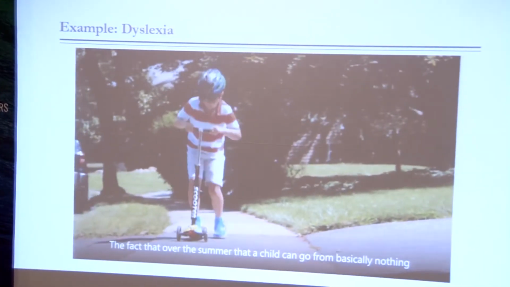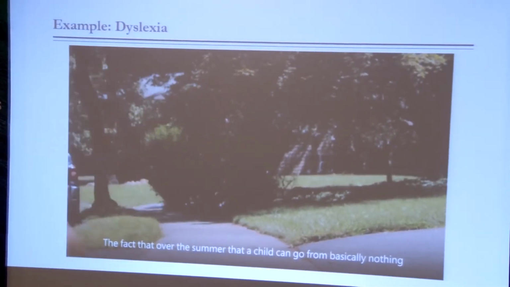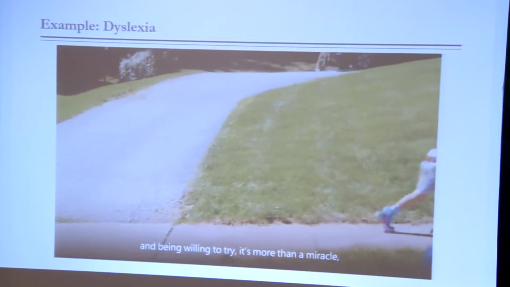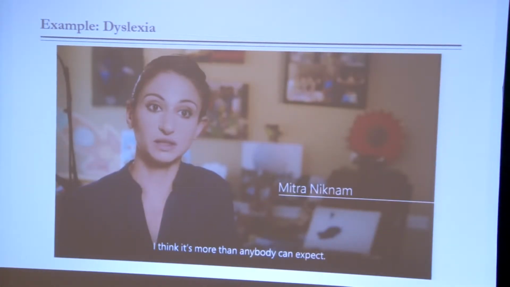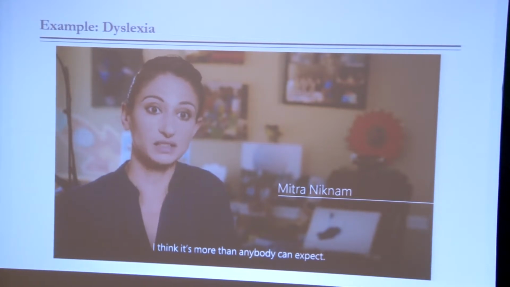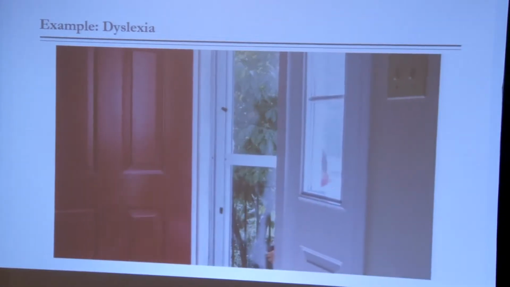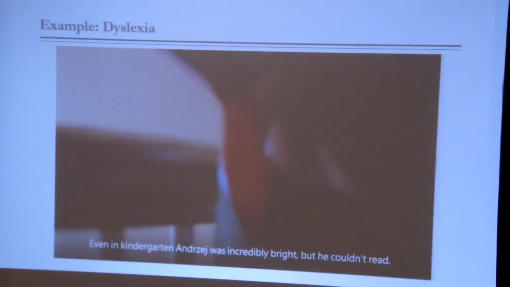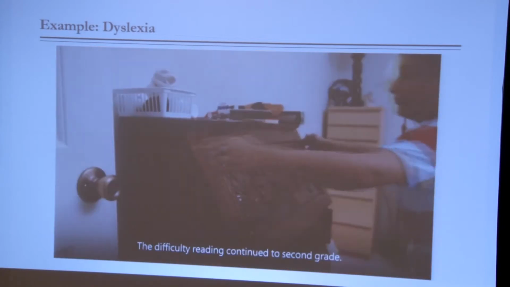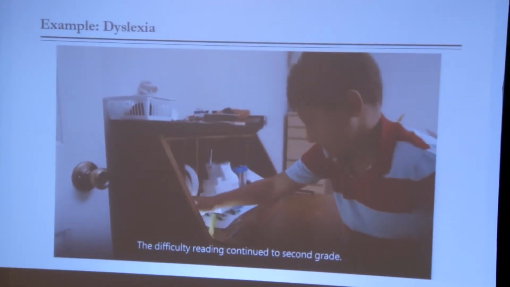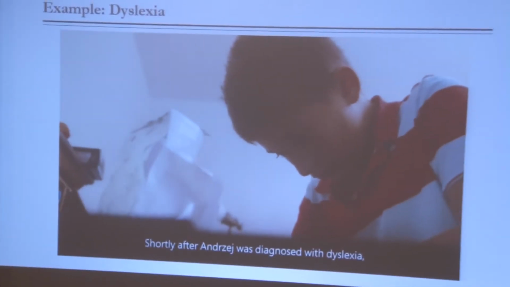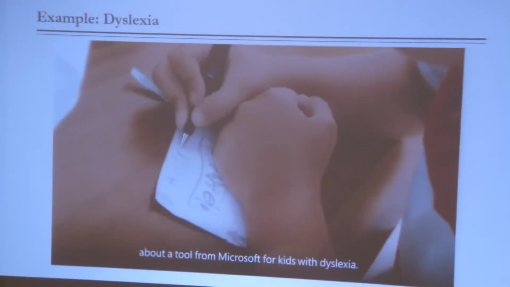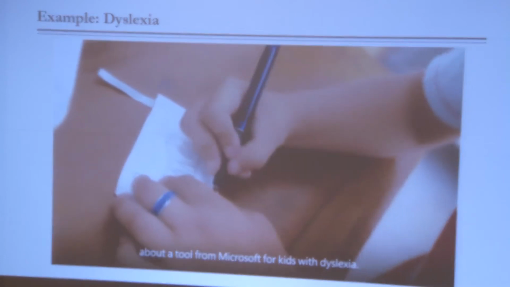The fact that over the summer, a child can go from basically nothing to having the world at their fingertips and being able to read and being willing to try, it's more than a miracle. I think it's more than anybody can expect. Even in kindergarten, Anju was incredibly bright, but he couldn't read. The difficulty reading continued to second grade. Shortly after Anju was diagnosed with dyslexia, a friend of mine said she saw something online about a tool from Microsoft for kids with dyslexia.